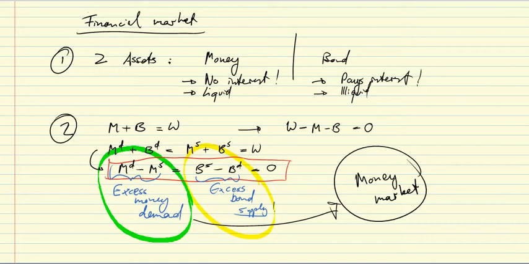Now, since we will always implicitly discuss bond demand and bond supply, we need to know what these bonds are about. So first, the bonds that we'll work with are somewhat simplified. We're abstracting from different maturities and so on.